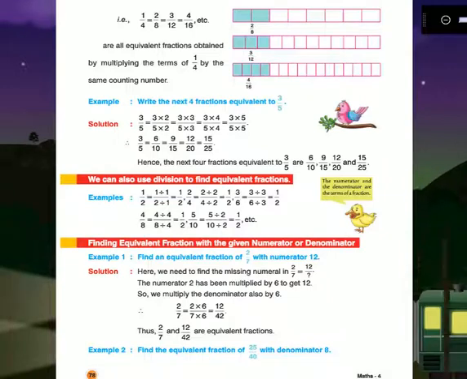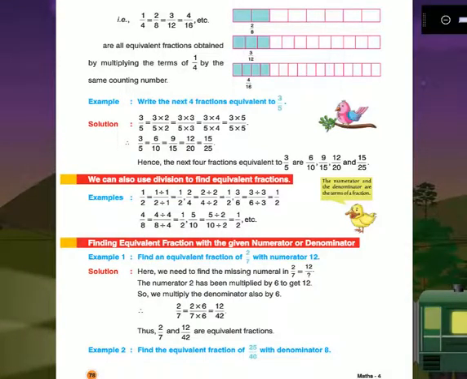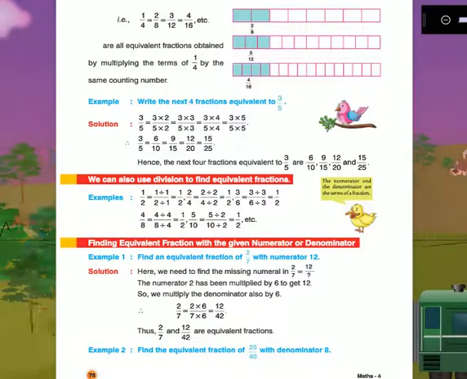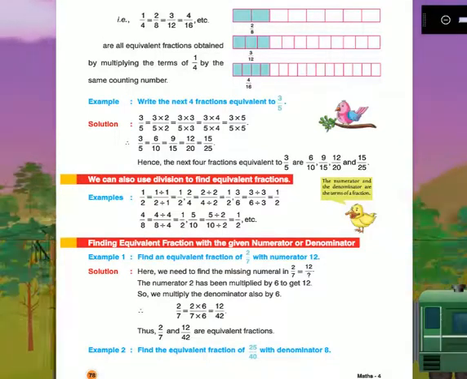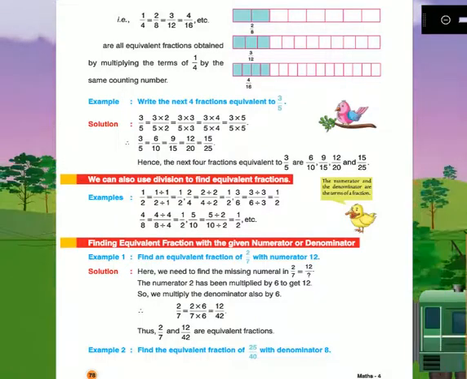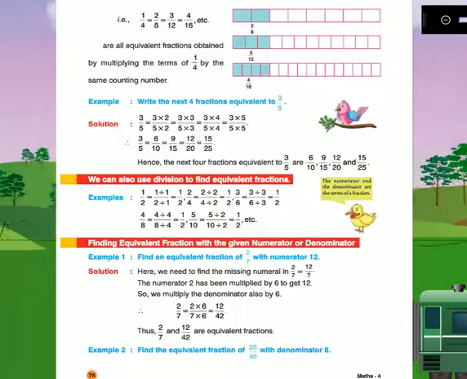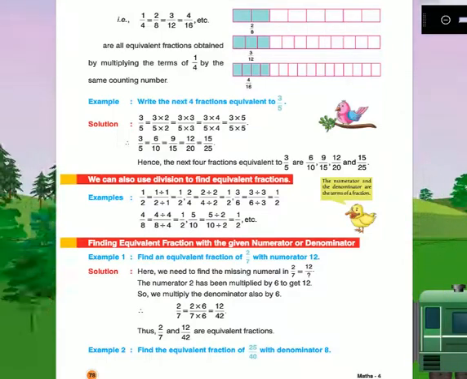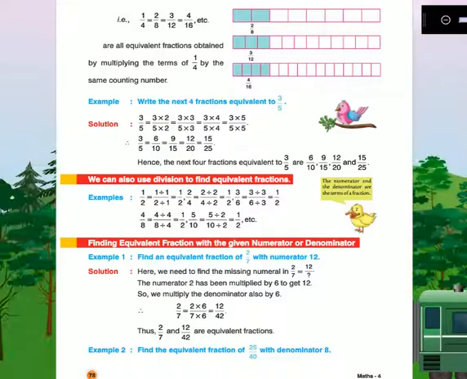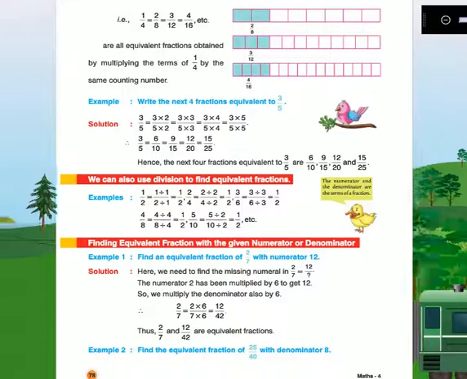The numerator 2 has been multiplied by 6 to get 12. So, we multiply the denominator also by 6. Therefore, 2 by 7 is equal to 2 multiplied by 6 by 7 multiplied by 6, which is equal to 12 by 42. Thus, 2 by 7 and 12 by 42 are equivalent fractions.